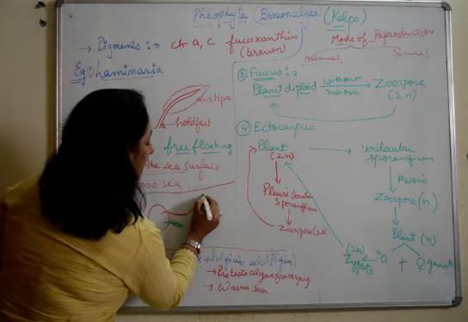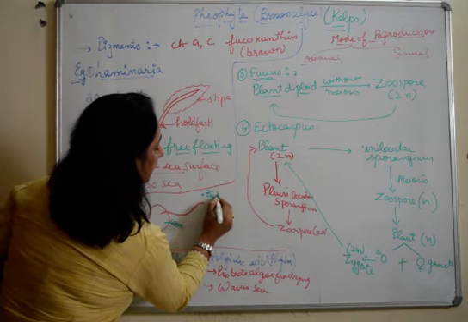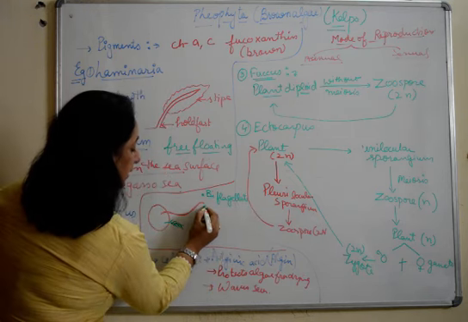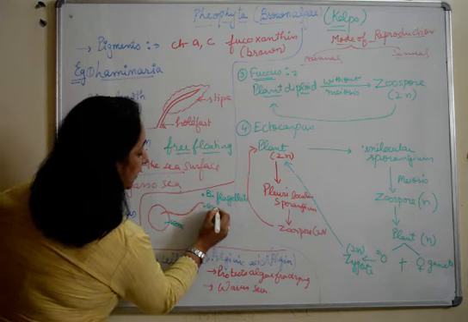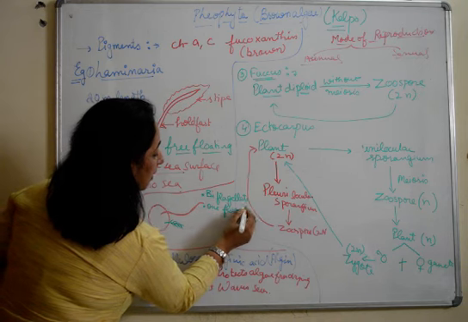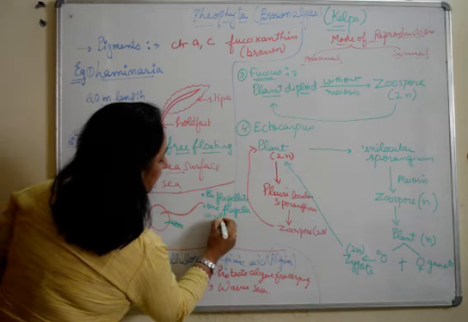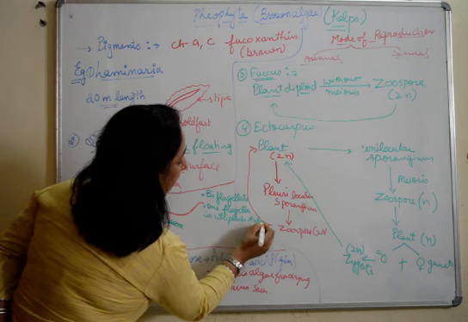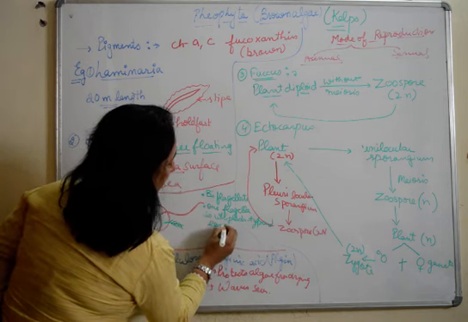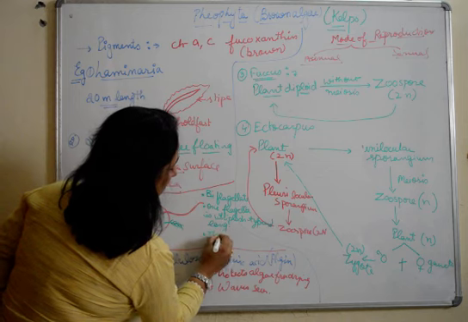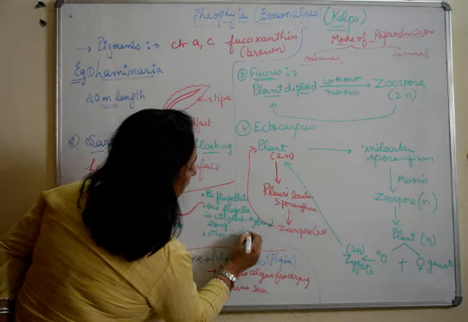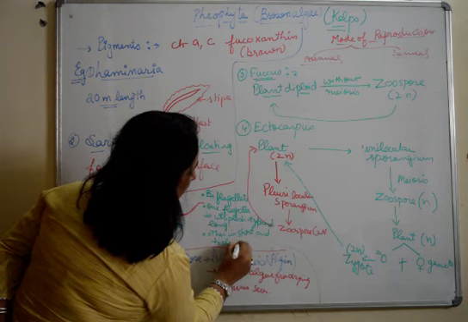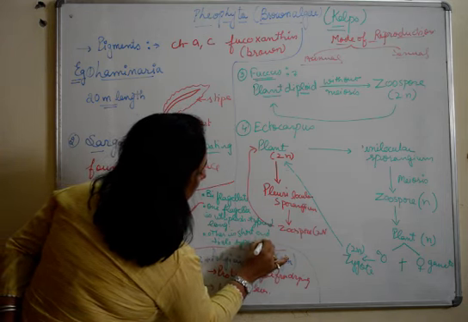So the first characteristic is that it is biflagellate. Second, one flagellum is whiplash type and long, and the other is short and tinsel type in shape.